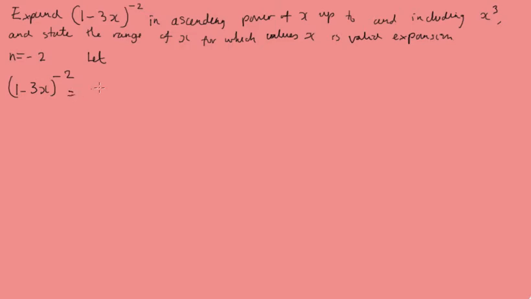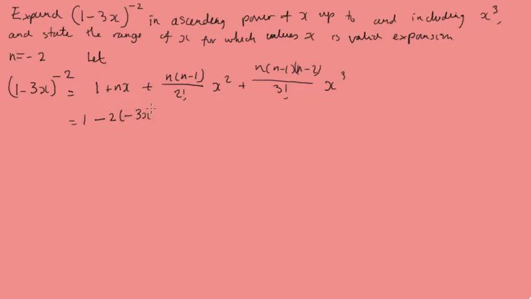So we have our expression: 1 plus nx plus n(n minus 1) over 2 factorial x squared plus n(n minus 1)(n minus 2) over 3 factorial x cubed, and that's where we want to go. So here we've got our 1 and our minus 2, and then our x is going to be minus 3x.